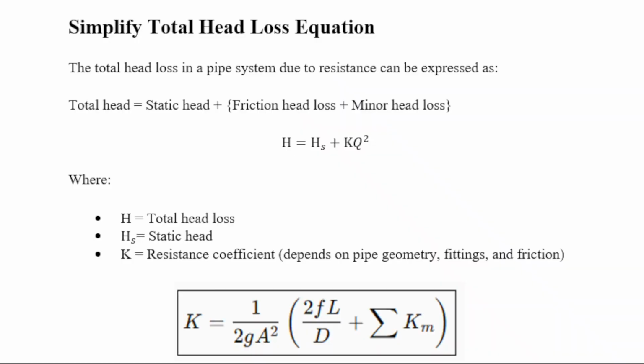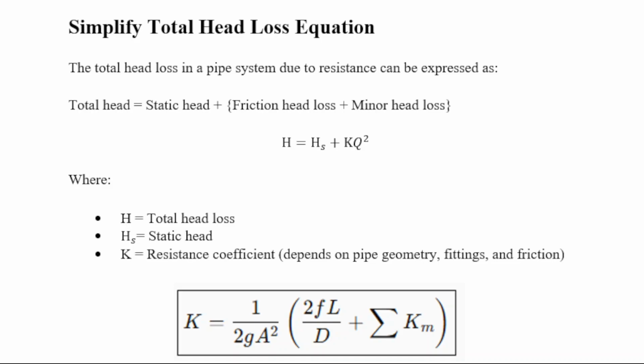Now that we've understood the different types of losses in a pumping system, let's see how they are represented mathematically. The total head loss in a pipe system due to flow resistance can be expressed as the sum of the static head, friction head loss, and minor head loss. This can be simplified into the following equation. H = H_S + K × Q². Let's understand what each term represents.